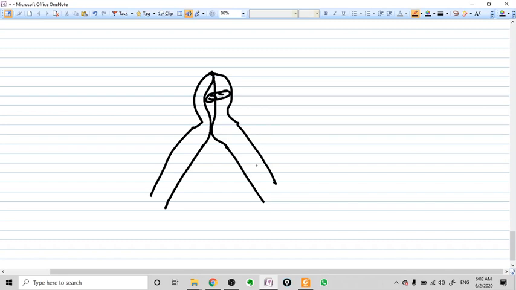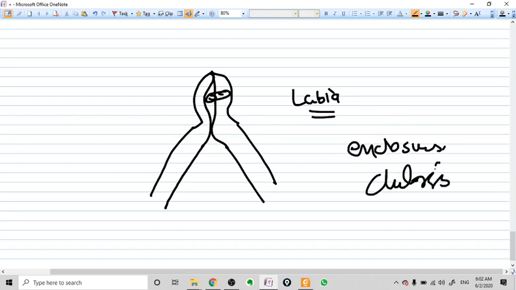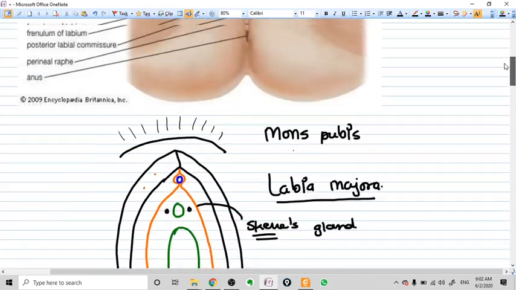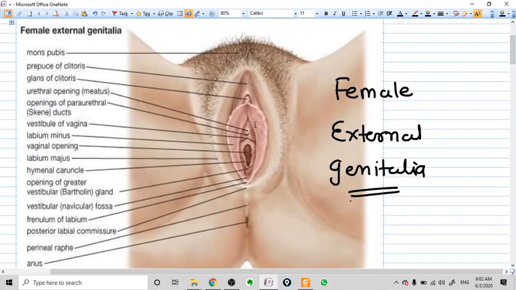So anteriorly labia minora encloses the clitoris. Both these folds also have some names. If you go to this image, this is the clitoris, and this fold is known as the prepuce of the clitoris, this one.